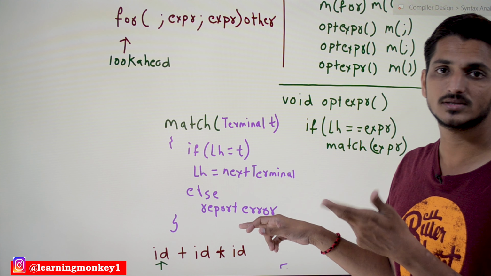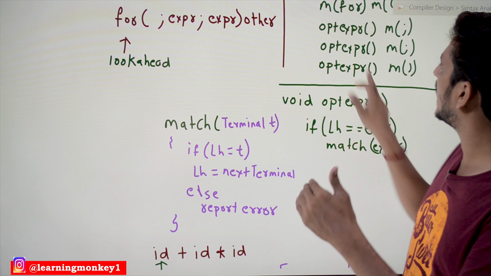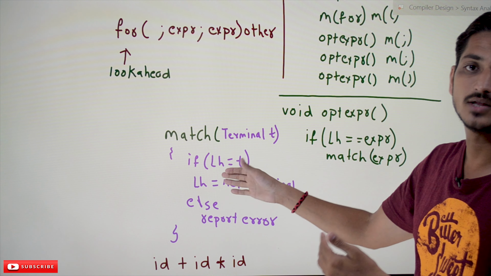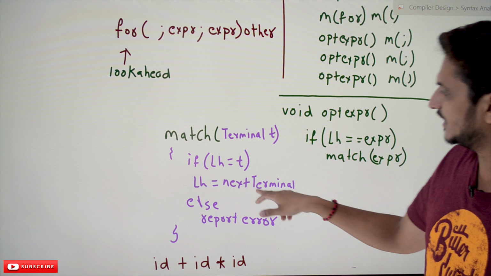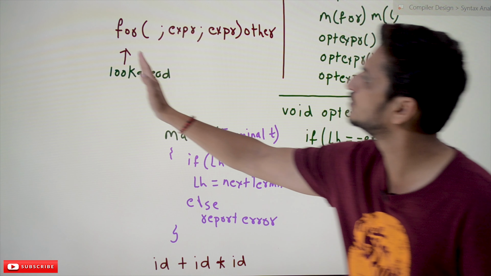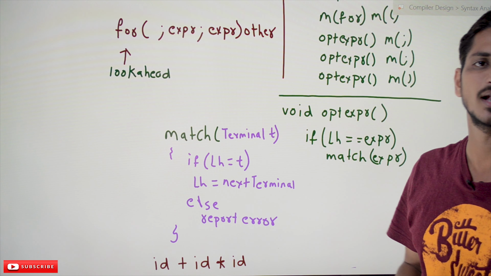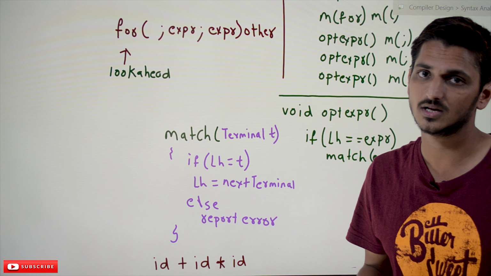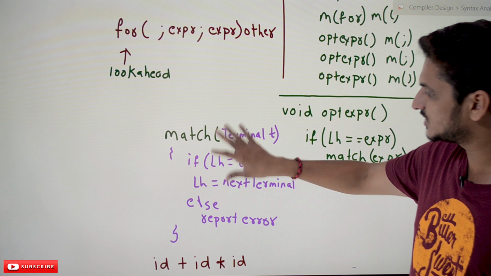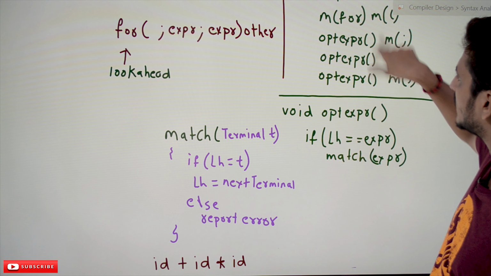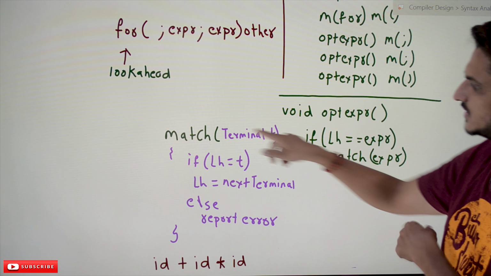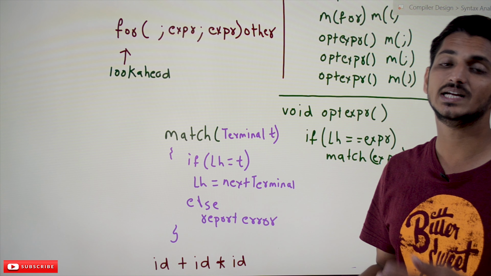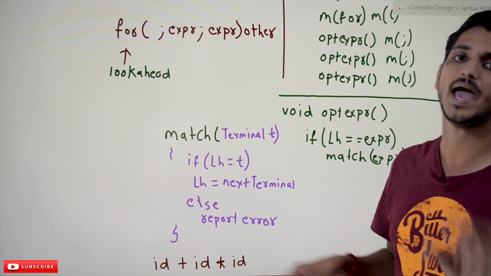For. Both are the same. Our input symbol matches. Then the lookahead moves to the next input symbol. This is done in recursive descent parsing also. In order to avoid writing this statement in all the functions in place of m, we are making it a separate function for match.